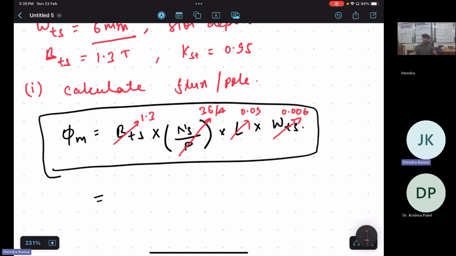How much is it? 1.3 into 9 into 0.09 into 0.006. So it is coming out to be 6.3 milliweber.